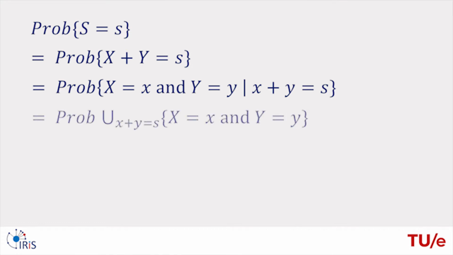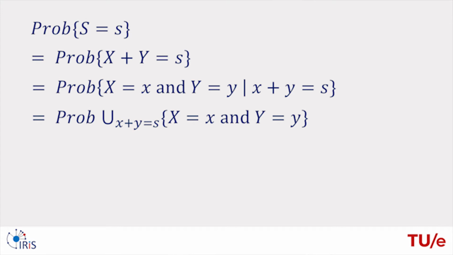And we can write that as a countable union because there is only a countable number of outcomes s that we need to consider. So it's the union over the variable small x plus small y equals s for the stochastic variable x equals small x and the stochastic variable y equals small y, with every combination of the small x and y that sum up to s.